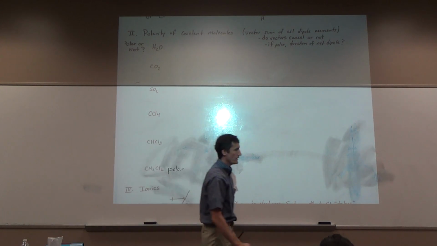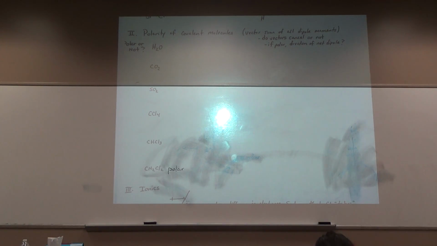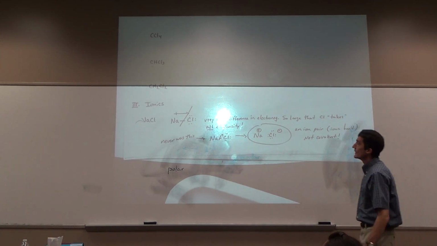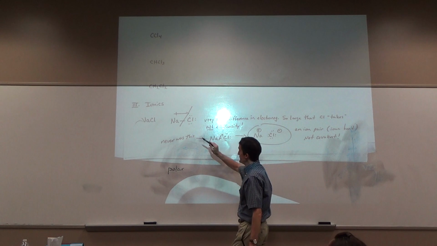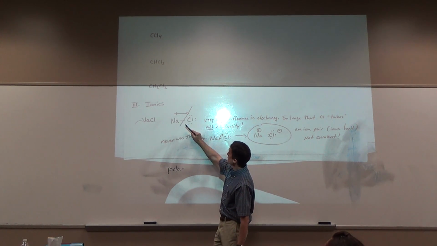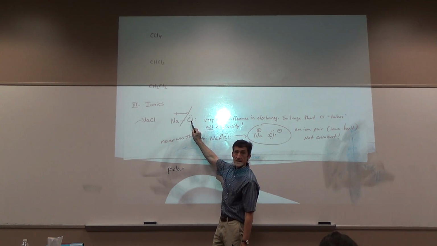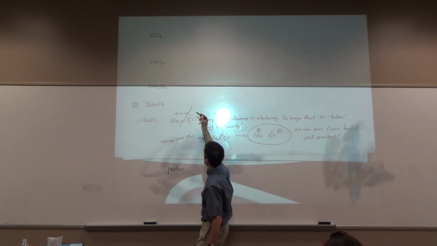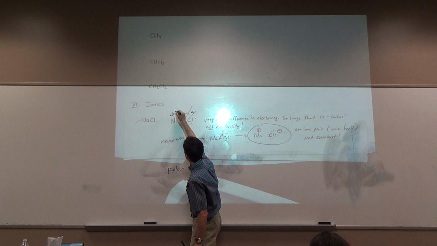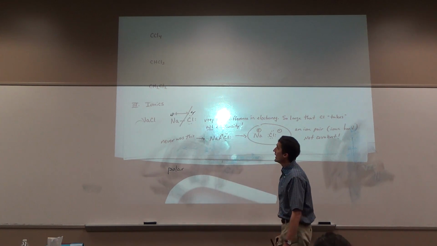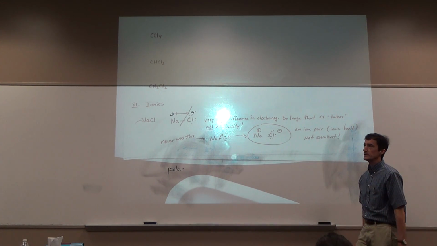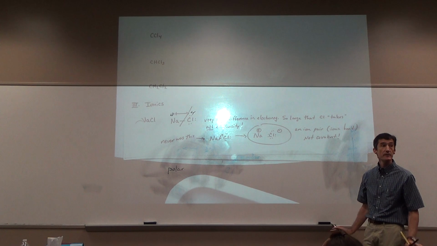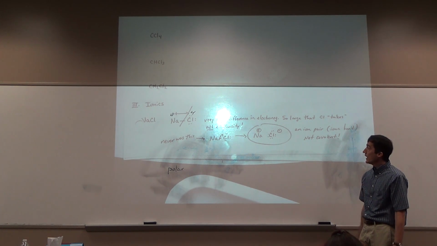Ionics are just the extreme. Of course, if you wanted to show this covalently for some reason, you would say chlorine is much more electronegative, and so it's going to be pulling, leaving partial minus, partial plus. Or you can show a dipole arrow. Typically you're taught that group 1 and group 2 do not make covalent bonds. Why?